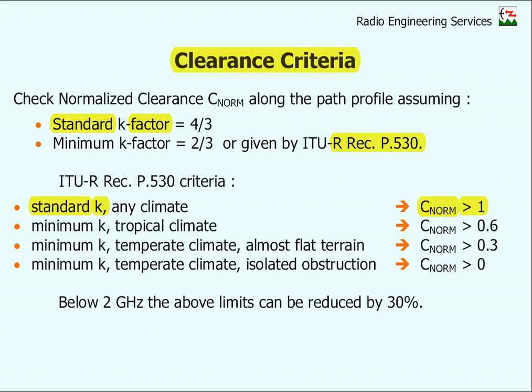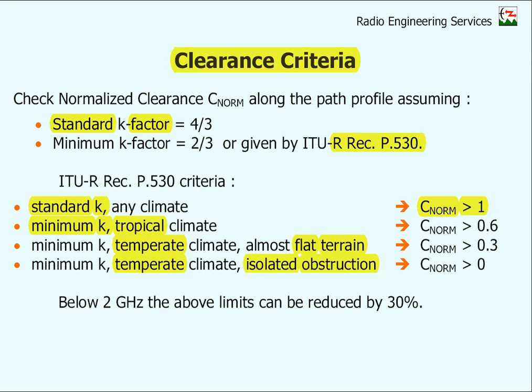The minimum K-factor criterion will operate under extreme atmospheric conditions. As you can see, in this state, clearance criteria are more complex, depending on climate and terrain. It is accepted that part of the Fresnel ellipsoid is obstructed.